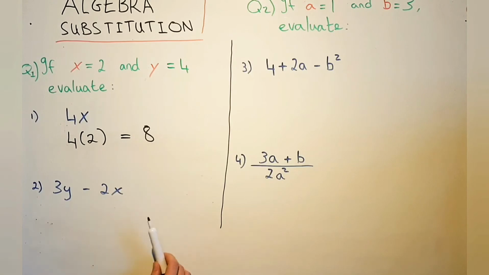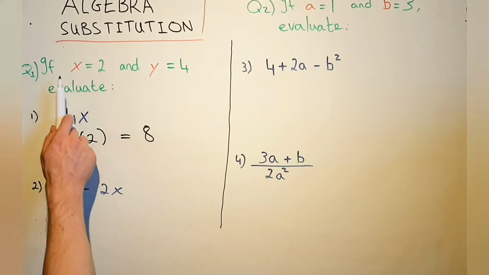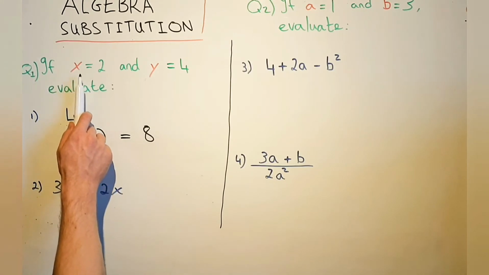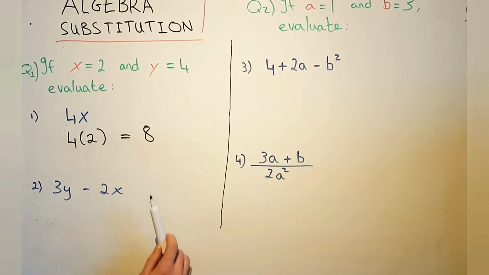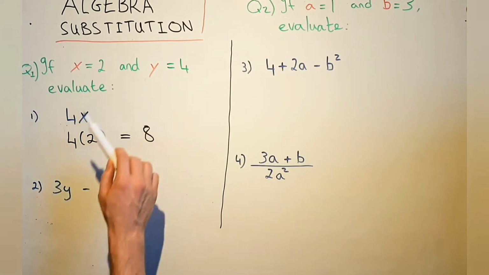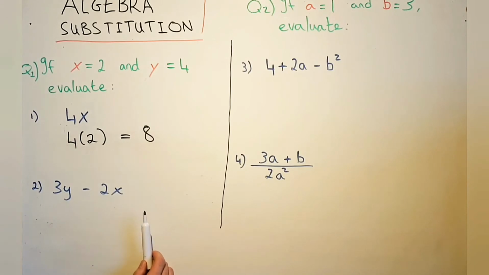The second example is a little more complex, but only because we have two items here. We have an x and a y, whereas before we just had the x. But again, it's the same principle. We're given the information up here that x is equal to 2 and y is equal to 4. So once again, we input the values given into this expression and then just evaluate.